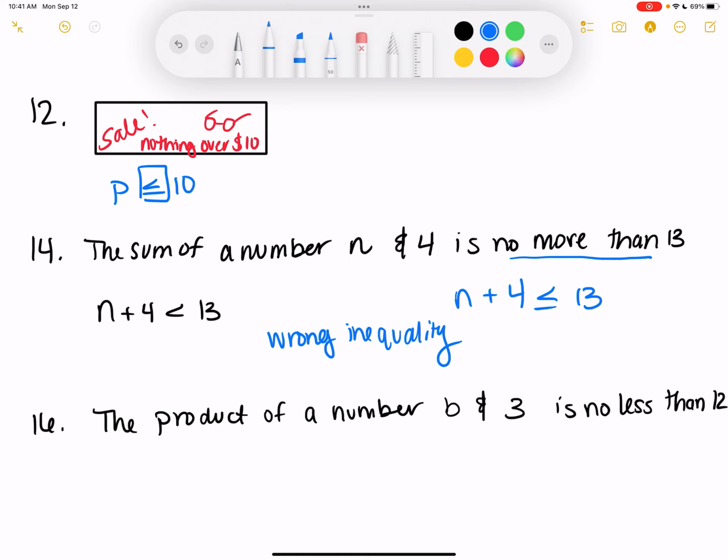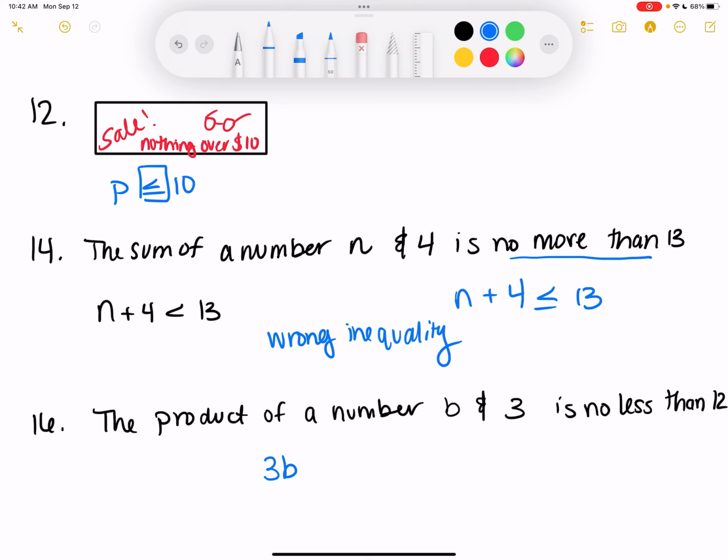If you had to write this one out, what would you get? b times 3, less than or equal to 12.